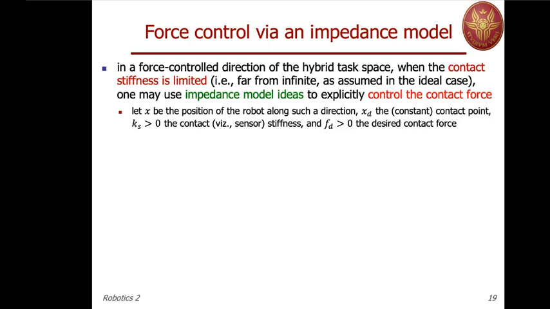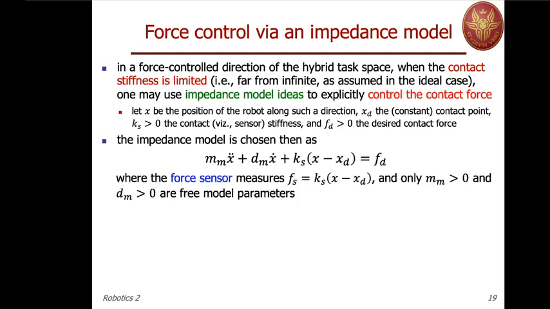This is completely different from the impedance model, where we do not regulate the contact force, but essentially we keep them limited by suitable choice of the parameters in the impedance model. Now, in this case, we choose as impedance model in that direction the following one. So an apparent mass, or inertia if you wish, M, with some desired damping dm. M stands for model in this case.